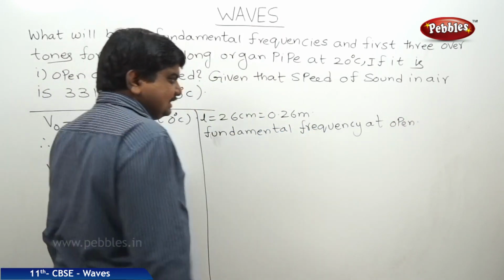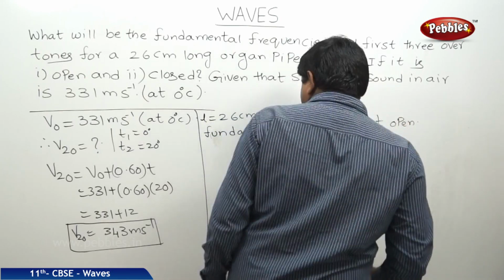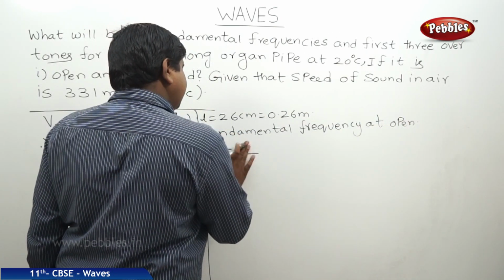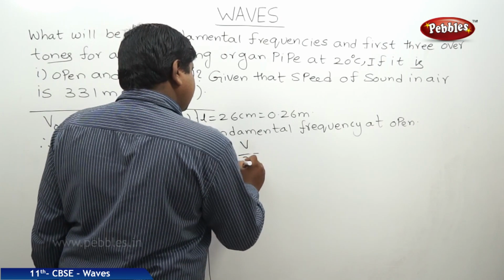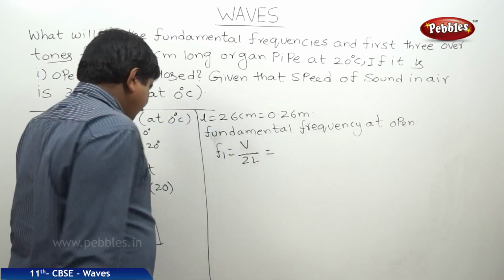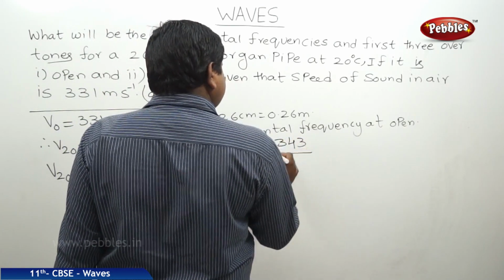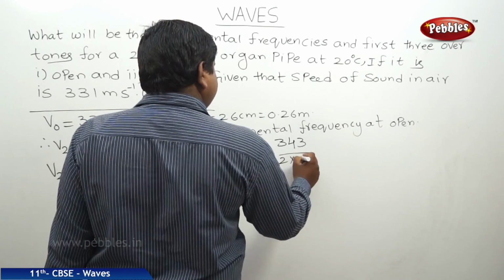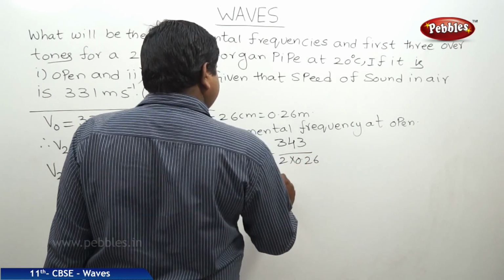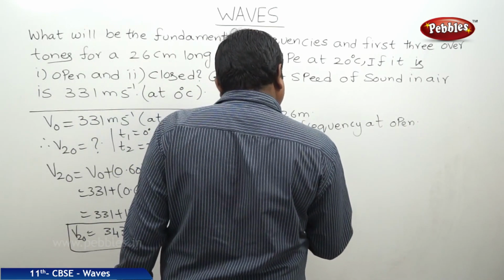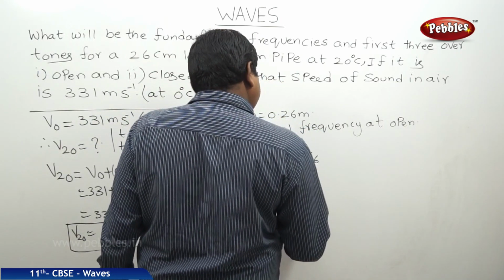So, in open case, F1 is equal to V by 2L. V is 343, L is 0.26. So, therefore, it is 343 by 0.52.